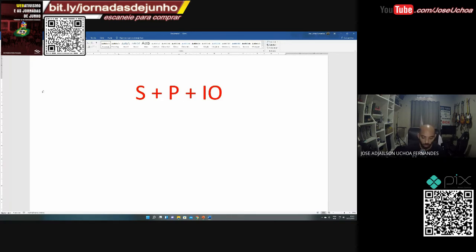Can you think of an example of subject, predicate, and indirect object? A subject can be any pronoun or any noun phrase, like the house, predicate, predicator.